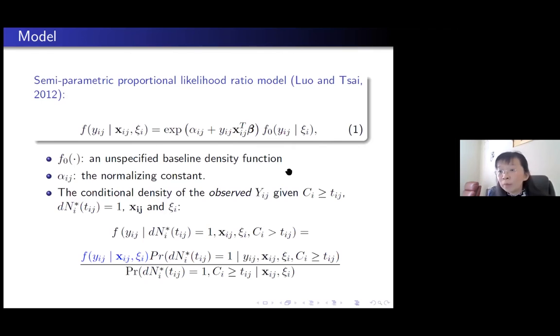With the informative censoring and the self-reported process, we calculated the density function of the observed data again after considering the potentially informative censoring.